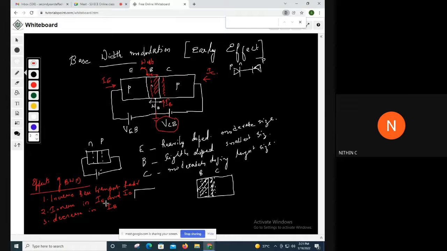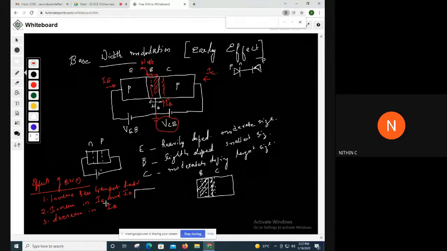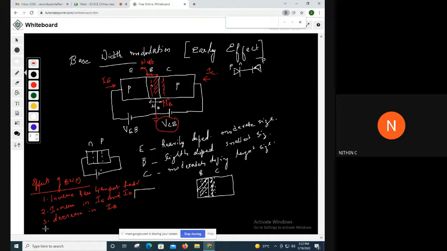Is it clear? Okay, fine. You can note the points. One more point is there. That point we will write later. I will come back to that point, because there is something else to mention first.